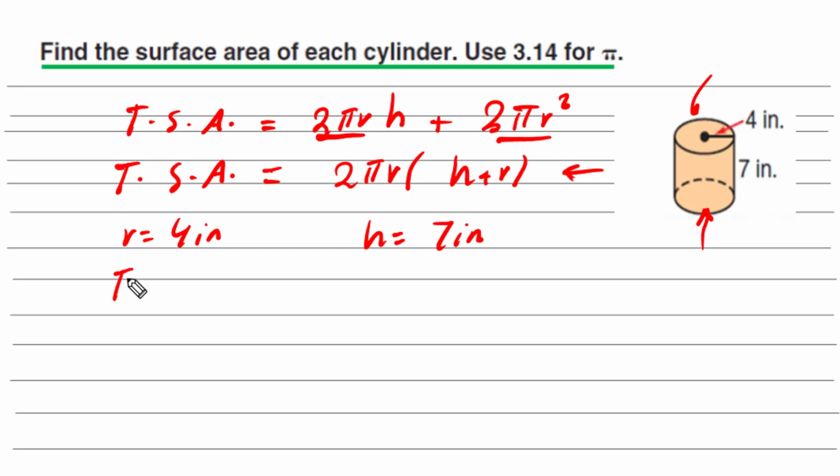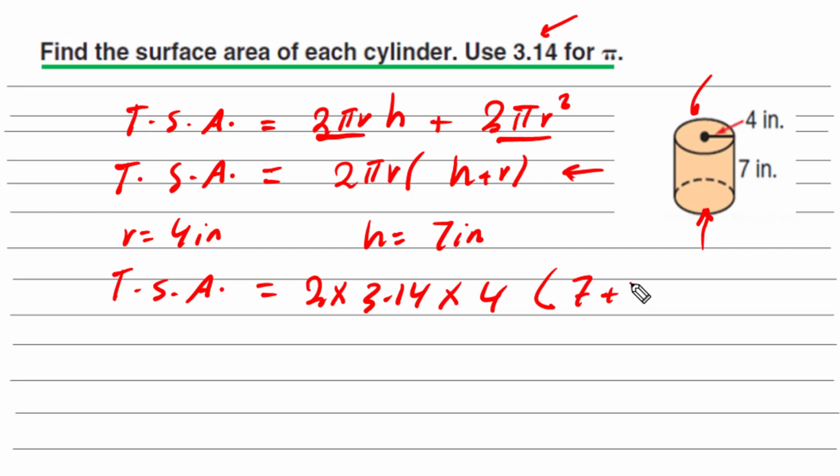Now we get total surface area is equal to, pi is equal to 3.14. So we get 2 times 3.14 times the value of r, which is 4. Now multiply h plus r. So we get 7 plus 4.